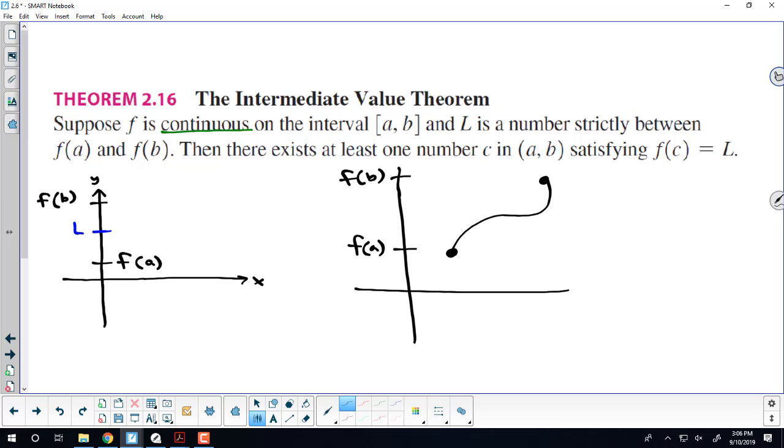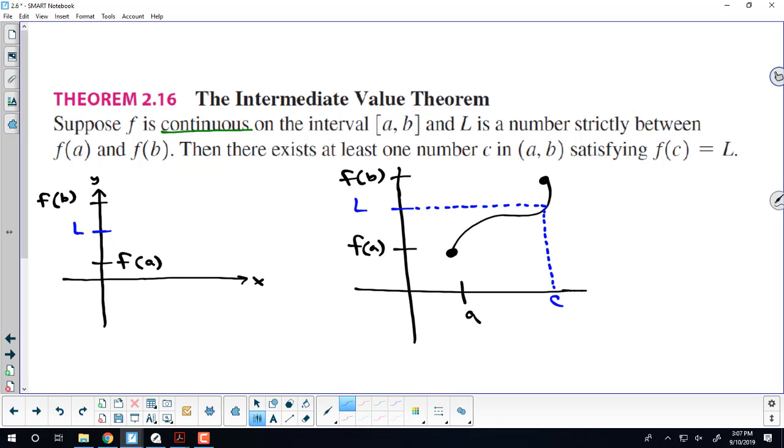So the idea that this function is continuous from a to b gives us the fact that any number L in between has to be generated by some x value called c, by plugging c into our function.